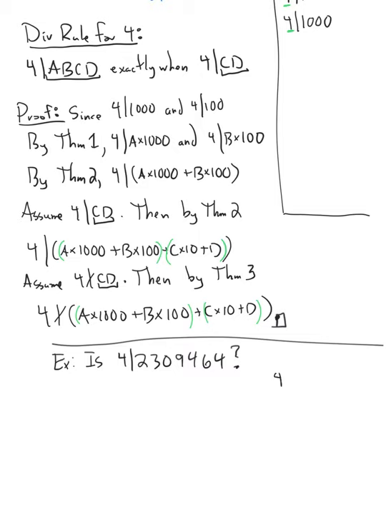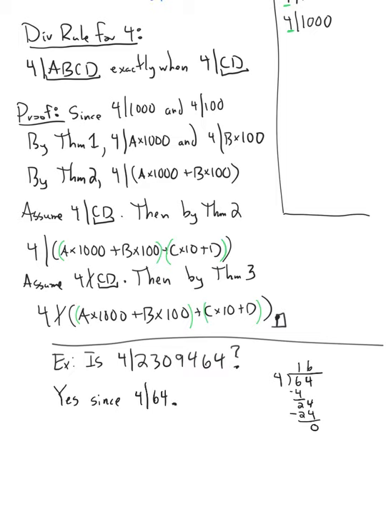Is 4 a factor of 64? We can do a little long division to check, or if you can see 4 times 16 is 64, you can just do that. But if you were to do long division to check, hey, look at this, remainder 0. 4 times 16 is 64. There's no remainder, so the answer is yes, since 4 is a factor of the last 2 digits.